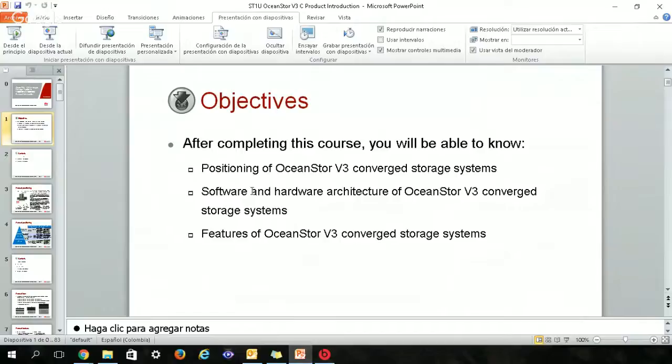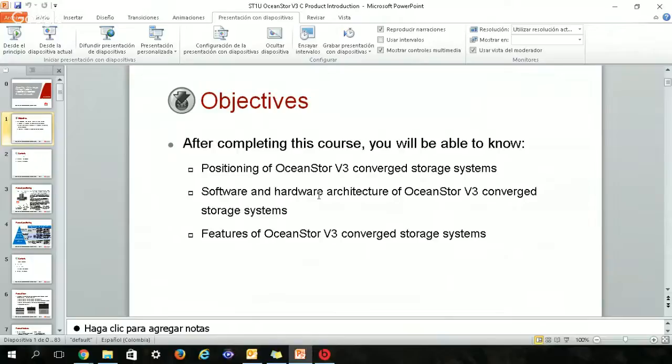You will be able to know the positioning of OceanStor V3 convergent storage systems, the software and hardware architecture of OceanStor convergent storage systems, and the features of OceanStor convergent storage systems. So you will know what the positioning of this product is. You're going to know about the architecture, software and hardware, and some of the features of this storage system.